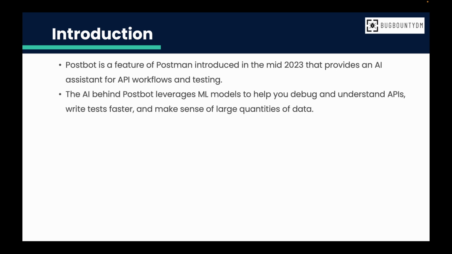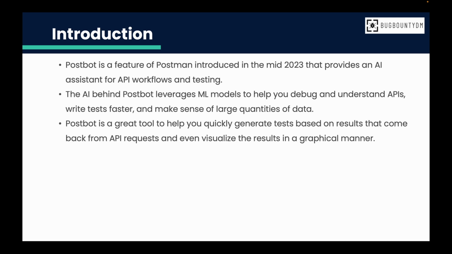The AI behind Postbot leverages ML models to help you debug and understand APIs, write test cases faster, and make sense of large quantities of data. Postbot is a great tool to help you quickly generate test cases based on the results that come back from API requests and even visualize the results in a graphical manner. So you can visualize the response results in a beautiful GUI.